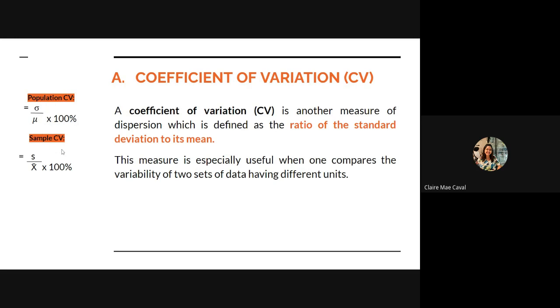For sample coefficient of variation, you have small s, class, that is actually your sample standard deviation divided by x bar, that is your sample mean, times 100%. So the values that you have to compute are your sample standard deviation and sample mean. So dito, applicable yung kailangan mo mag-compute muna ng mean in finding the standard deviation and variance.